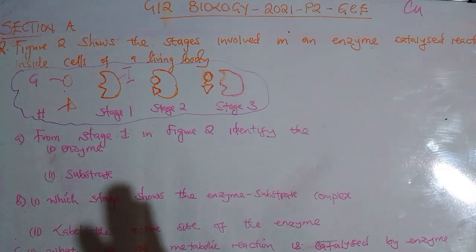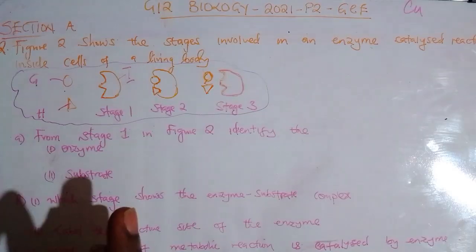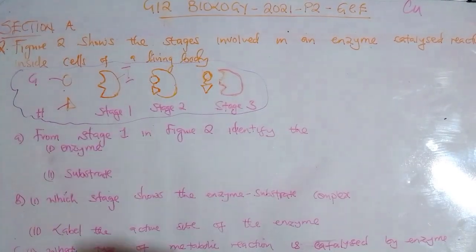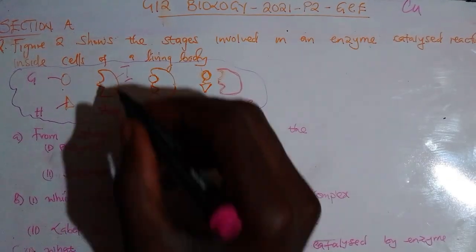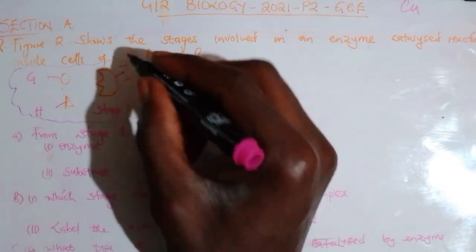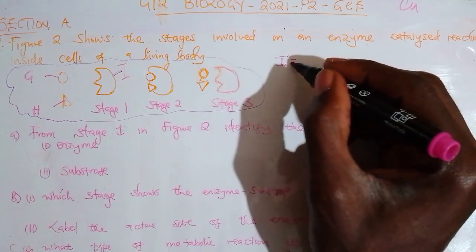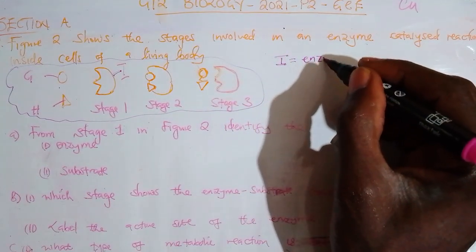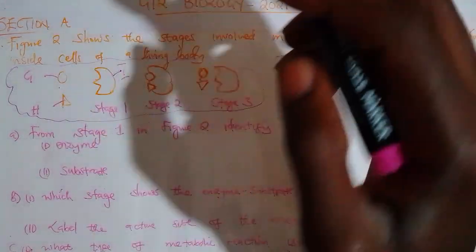So before we start answering the question, first step we have to identify these labeled parts. So if you look at the diagram, part I is what is known as an enzyme. So right here, I is known as enzyme. Why are we saying this is an enzyme?